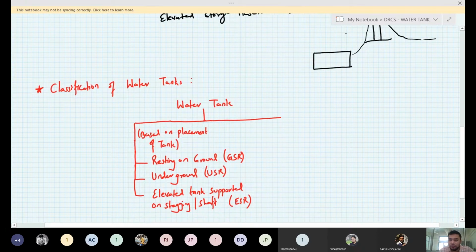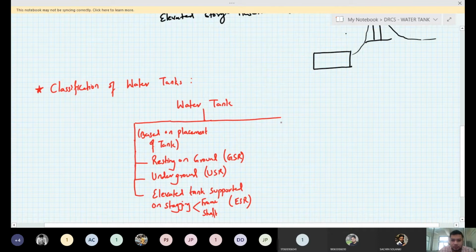If it is a beam column frame, then it is called frame type staging. So staging can be of two types: frame type or shaft type. And this type of tank is called elevated storage reservoir.